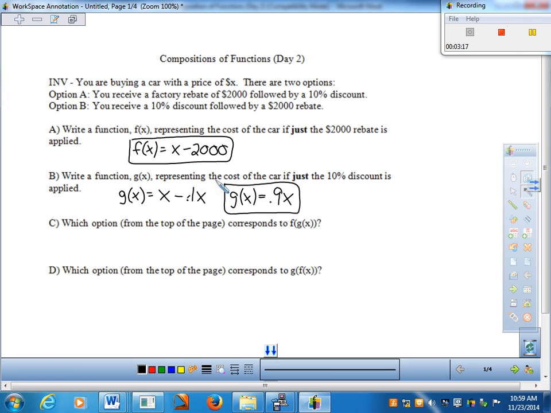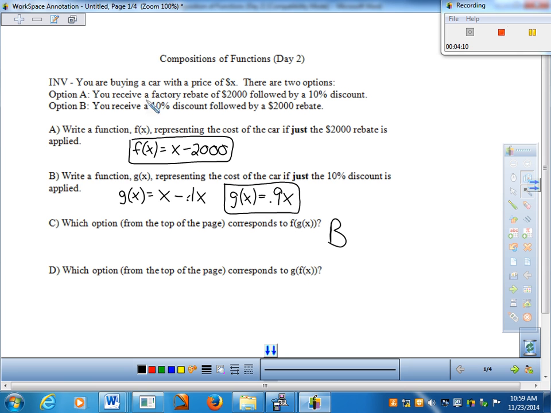Well, from what I'm seeing, f composed of g of x means I'm doing g of x first, so it looks like I'm doing the discount first, then putting that into the f function and subtracting the $2,000. So this seems to be discount first, then the rebate. And that looks to be option B. Whereas g composed of f of x means I'm going to take the rebate first, and after the rebate, I'm going to get my 10% discount.